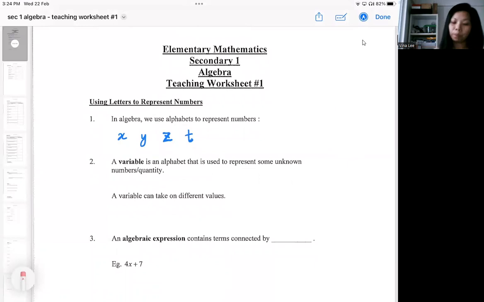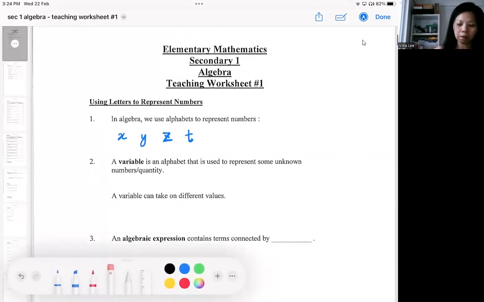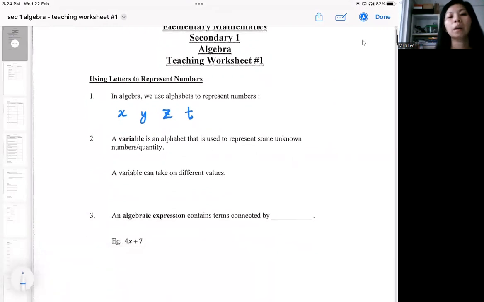Your handwriting also matters. If you don't write properly, you may find your algebra is a bit messy. So that's the first thing you need to take note of. In algebra, we use alphabets to represent numbers, but do take note of how you write your alphabets.